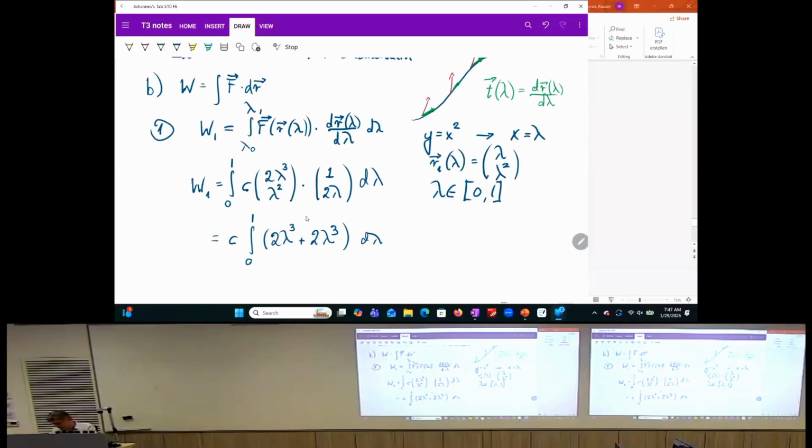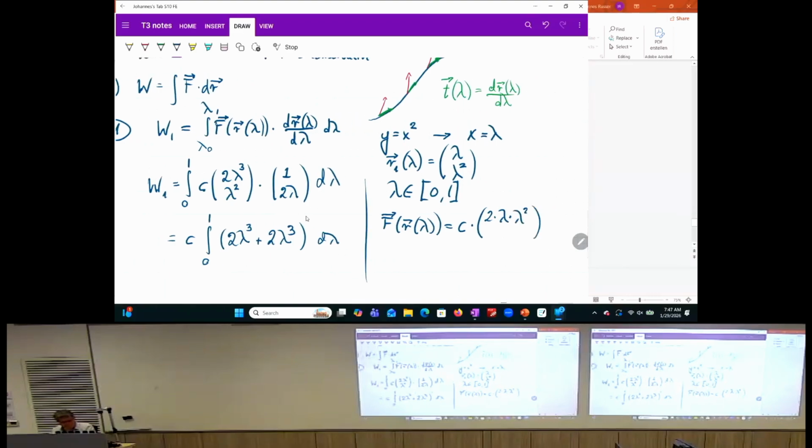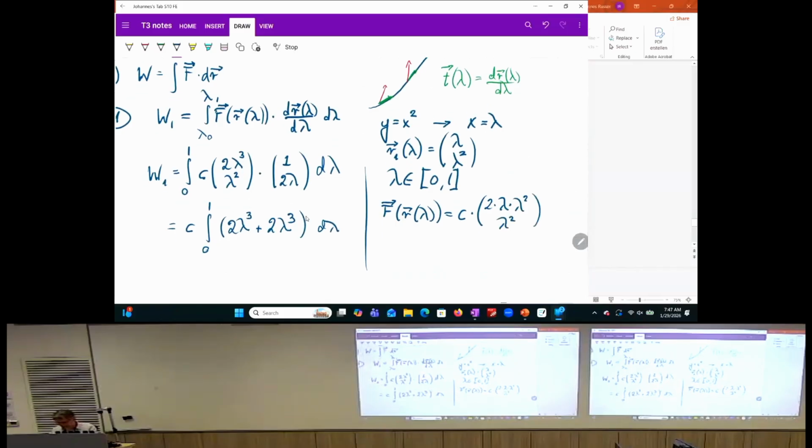That is now the constant times 2 times x, which is lambda, and y, which is lambda squared, yeah? So that's how the lambda cubed comes about. And the y is already the lambda squared. So this is your parameterized force field.